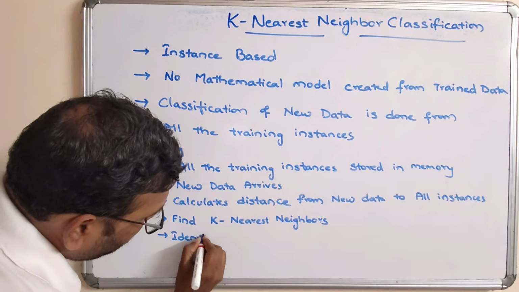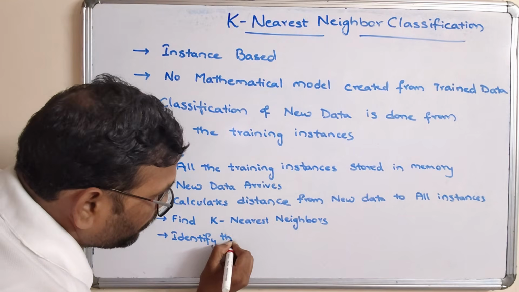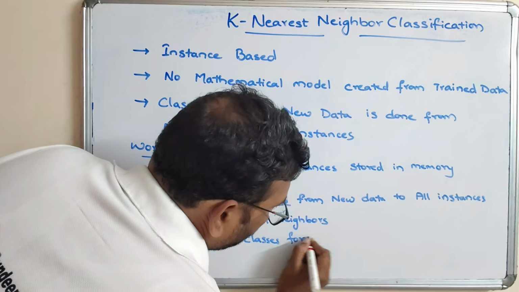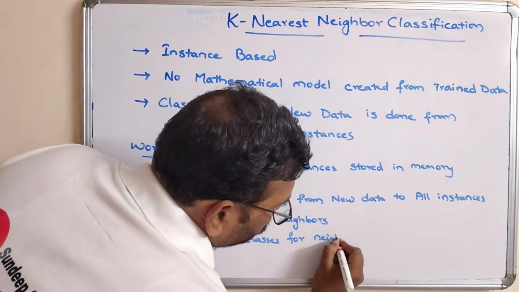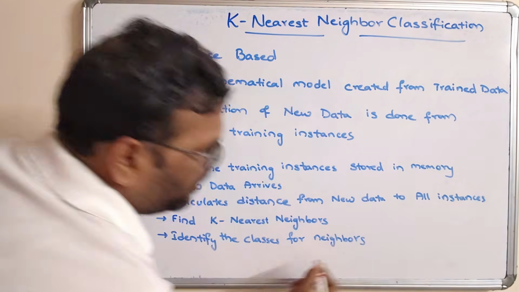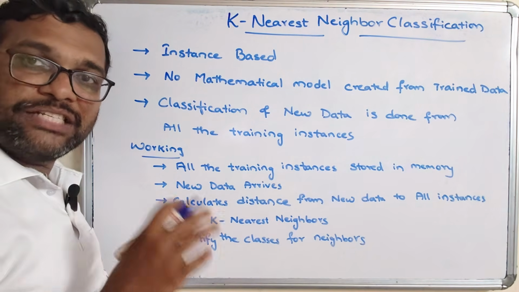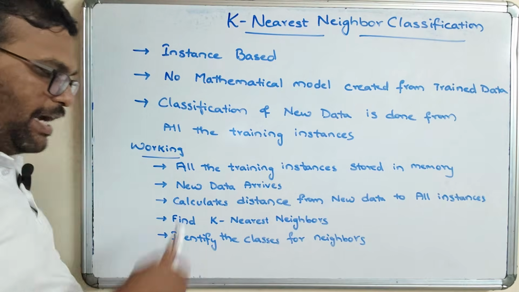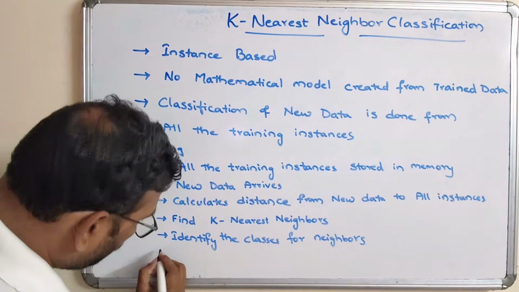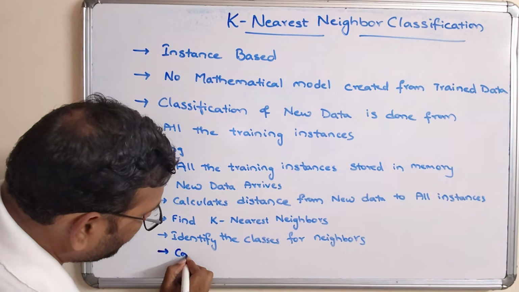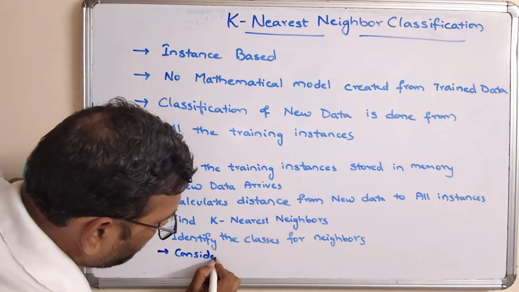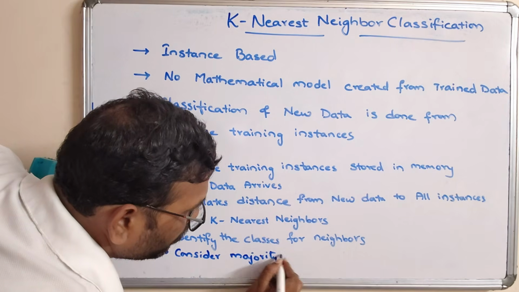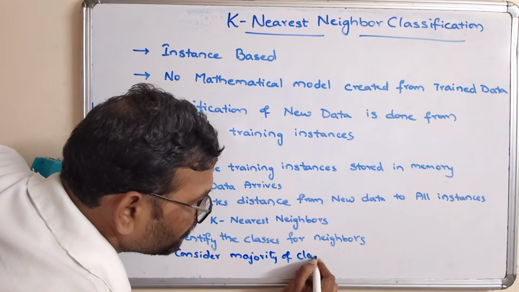Identify the classes for the neighbors. Whatever neighbors we found here, we need to identify the classes for those particular neighbors. And after identifying the classes, the next step is to consider the majority of class.